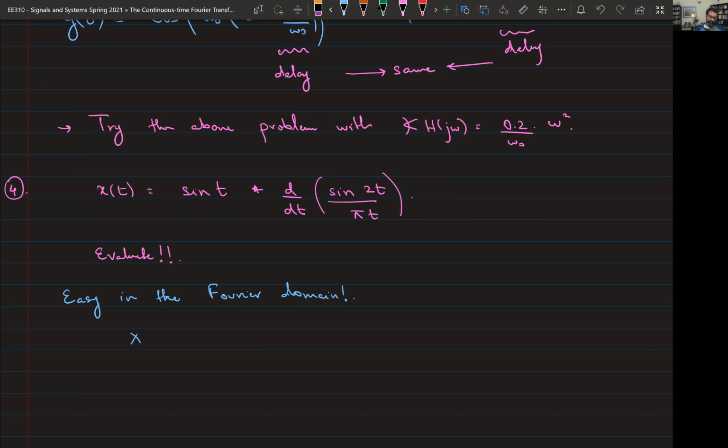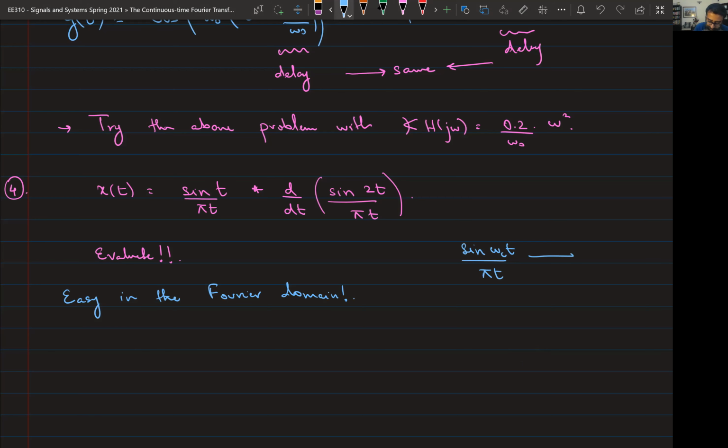Right, so let me give you some results. So sine t divided by pi t here. The result that we're familiar with is sine omega c t divided by pi t.